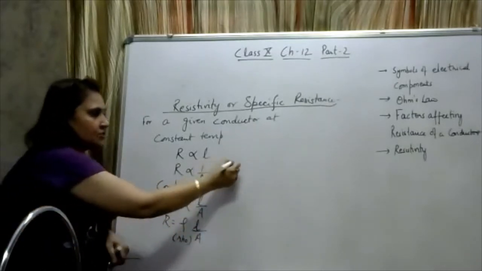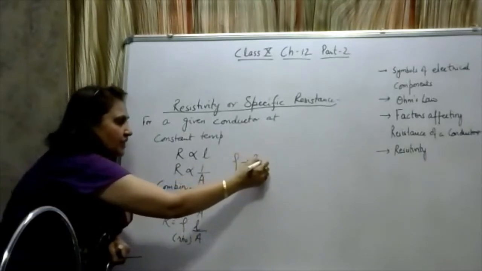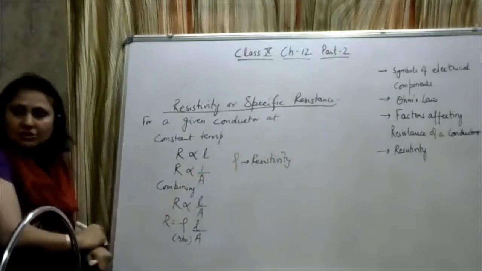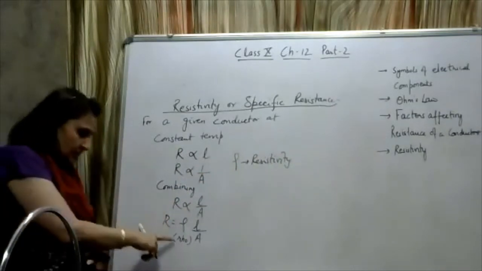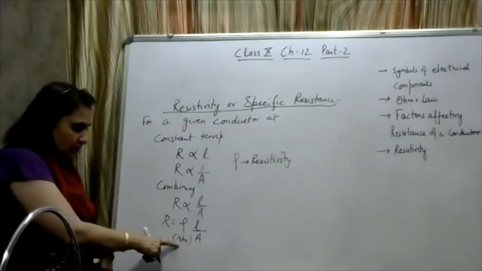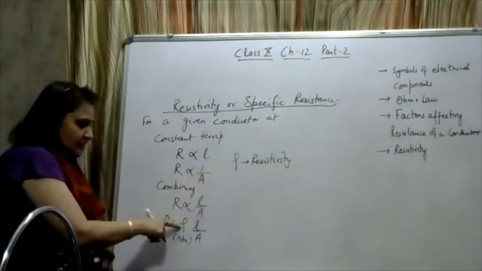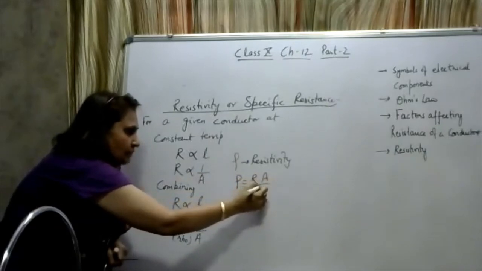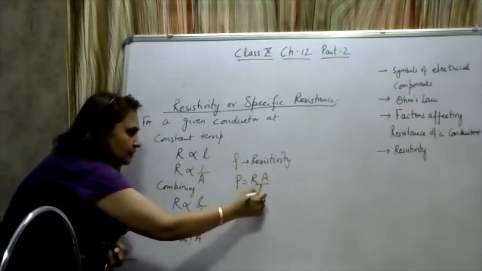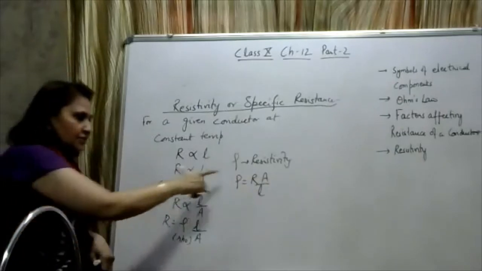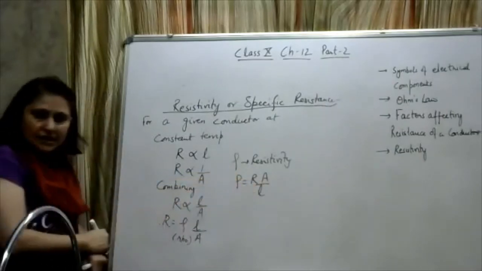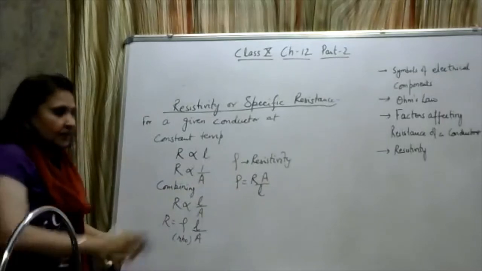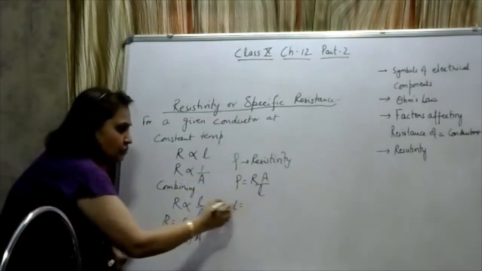This rho is called the resistivity of the conductor. So rho is the resistivity, which is represented by a Greek symbol. From here, rho is equal to R into A upon L. So the resistivity is equal to resistance into cross-sectional area upon length. Now, in order to define resistivity, we take the length to be unity.